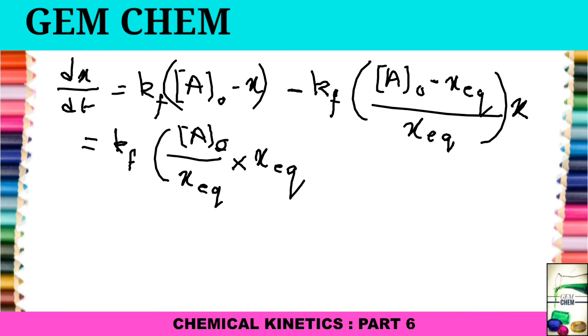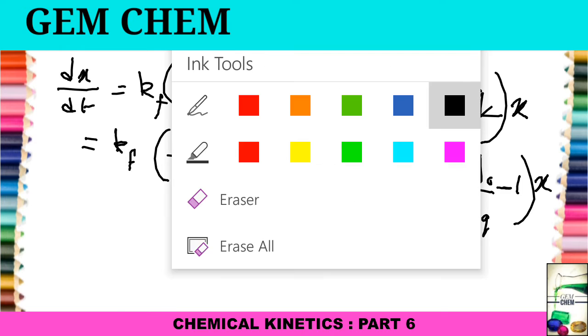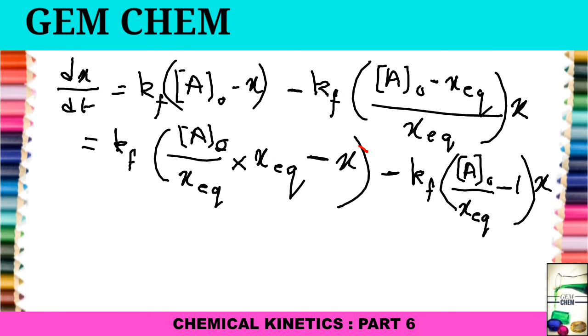So we are using X equilibrium up and down, minus X and minus Kf A naught by X equilibrium minus 1 X. If you focus on these two terms, these two will get cancelled out.